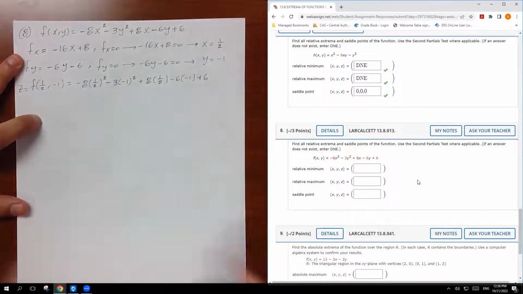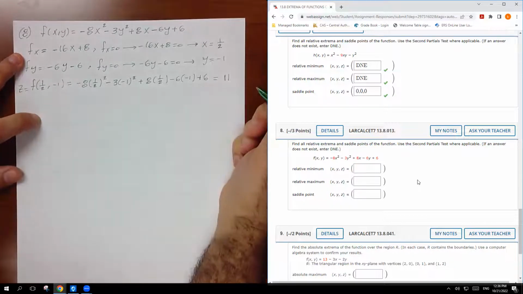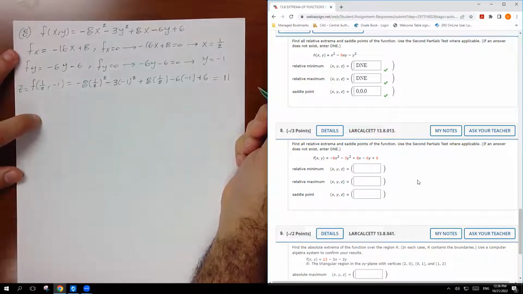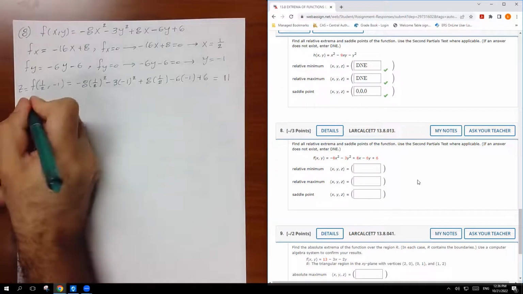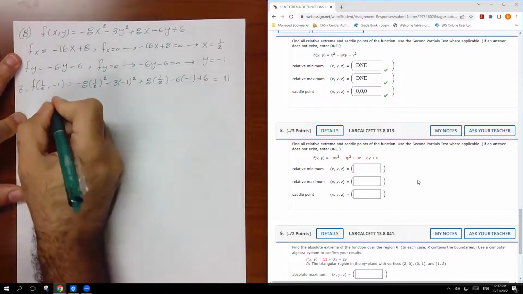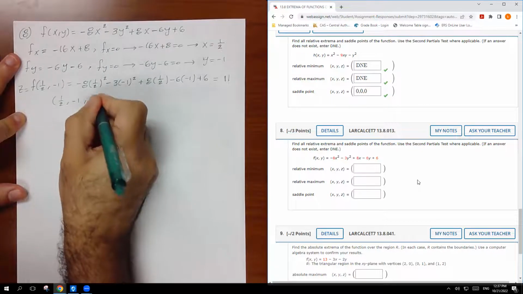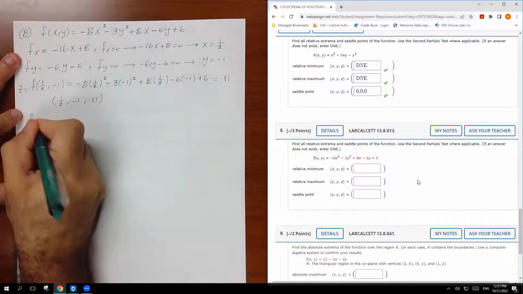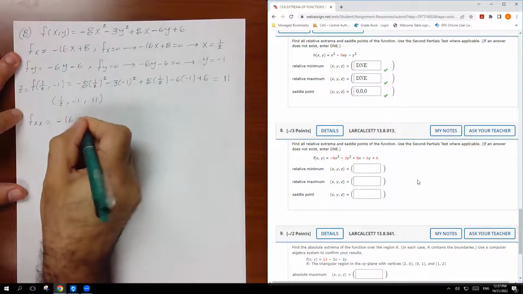I got the result equal to 11. Then our critical point is (1/2, -1, 11). Then f sub xx is going to be -16.